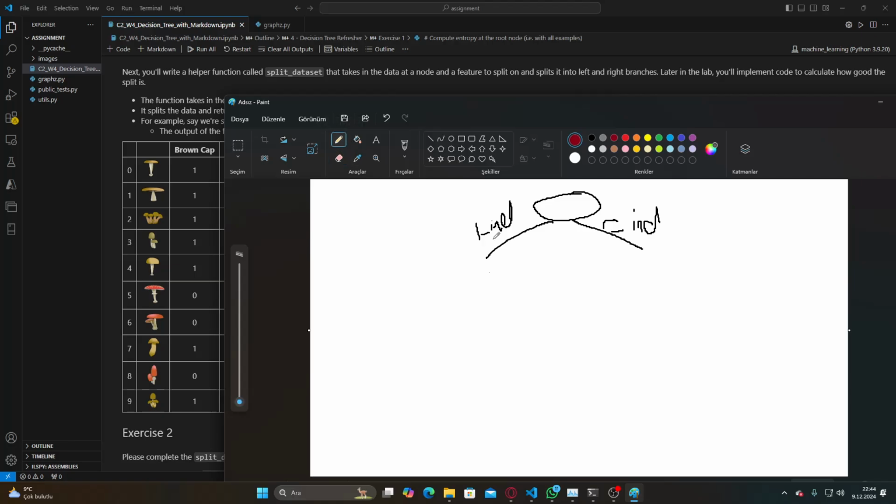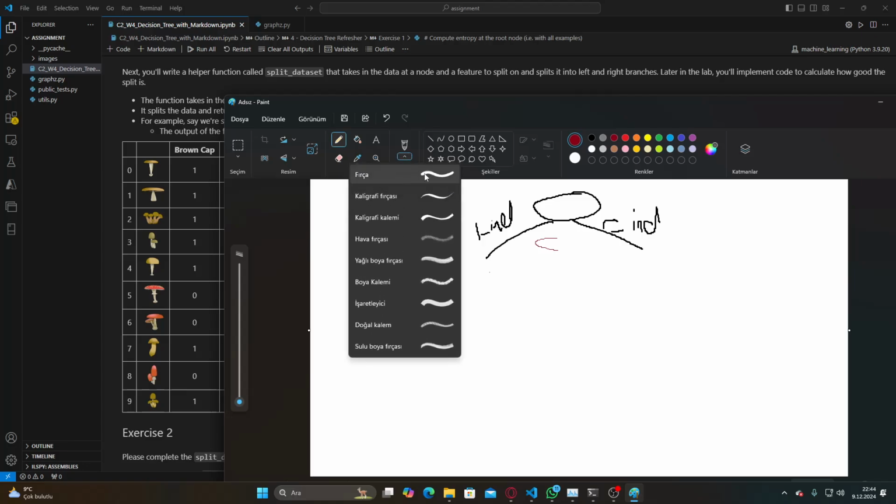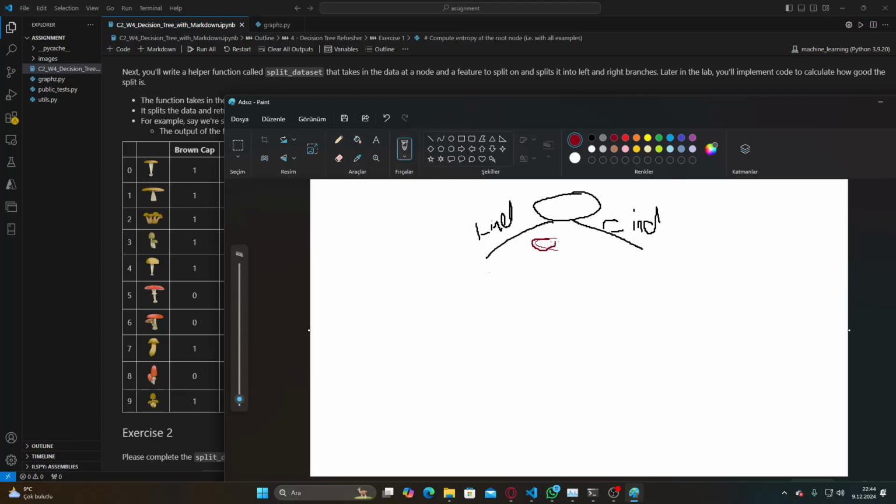Okay, I want to do it like this. Sorry. Okay, I think this is the cap. Left indices are brown. Right indices are red.